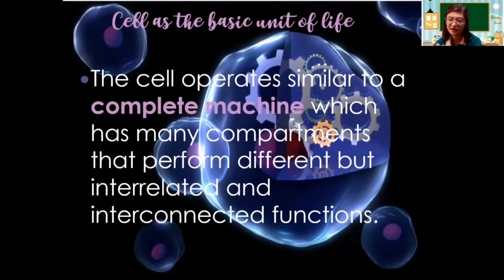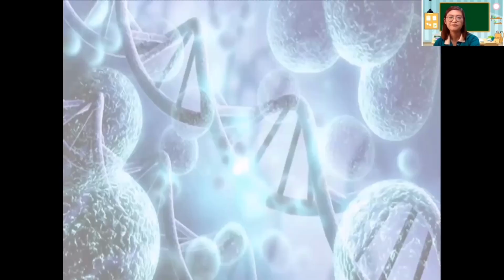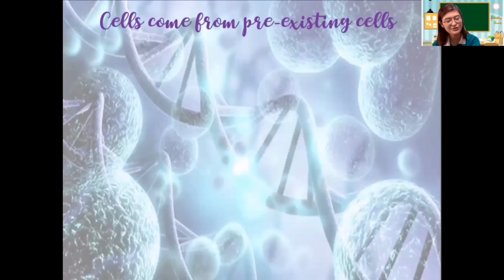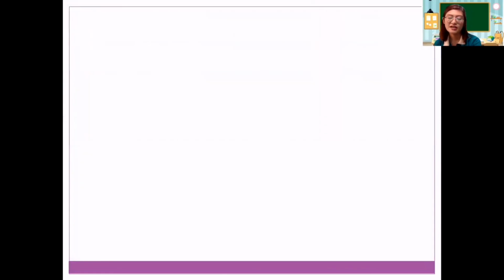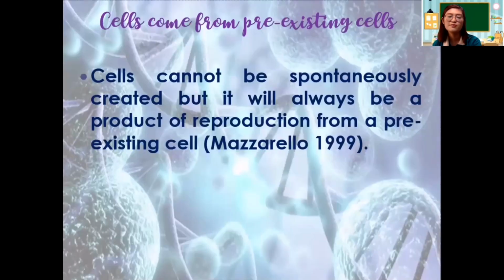But each part, called the organelles, the mini organs of the cell, performs different, interrelated functions. Then cells come from pre-existing cells. Cells cannot be spontaneously created, but will always be a product of reproduction from a pre-existing cell, according to Mazzarello, 1999, as also stated earlier. So spontaneous generation again is not possible.